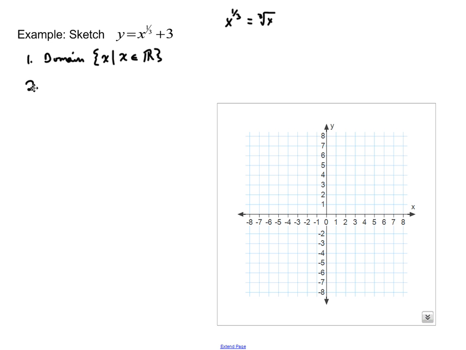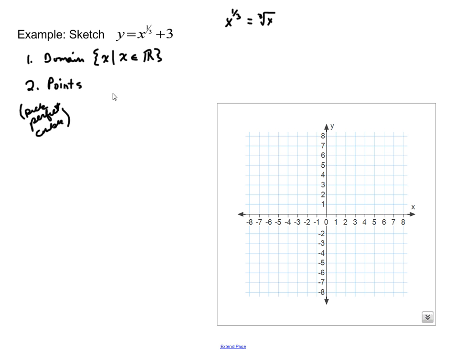Okay, so the second thing is we need to pick some points. Well, this time, because x is under the radical, we're only taking the cube root of x. What we're going to do is pick values of x that are perfect cubes. What are some perfect cubes that we know?